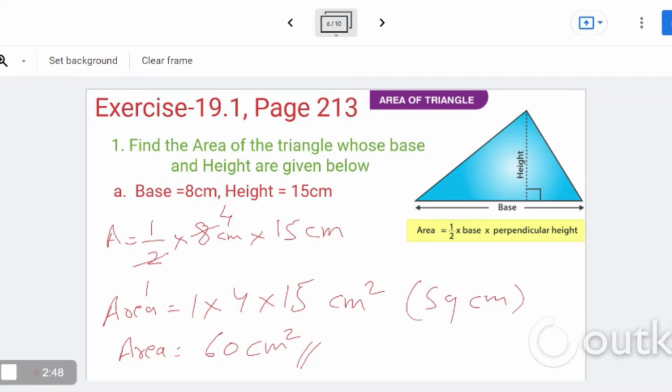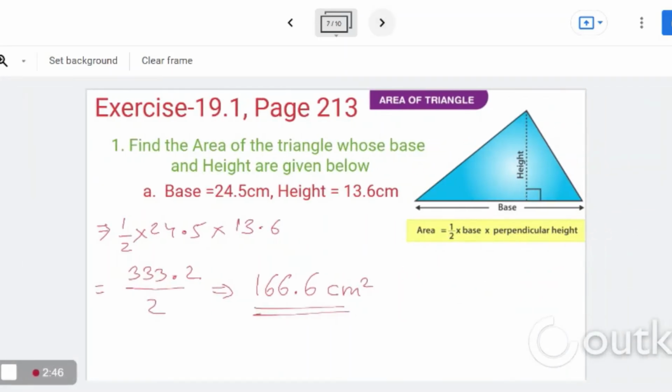Now a similar type of question is given next, where the diagram I have kept the same, but the base is different, 22.5. Initially it was 8, now they have given us 22.5 and the height is given as 13.6. So the same technique is used out here. Area equals half into base into height. Half into base is 24.5 and height is 13.6.